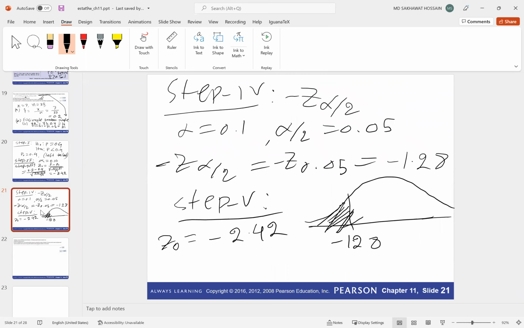Where does that test statistic fall? It is somewhere here, in the rejection region. That means we reject the null hypothesis. So we reject the null hypothesis in this case.